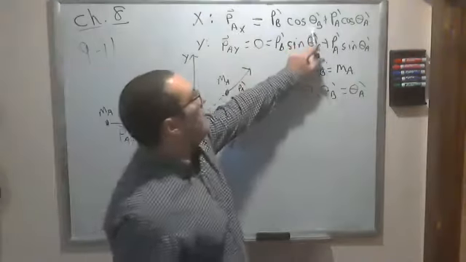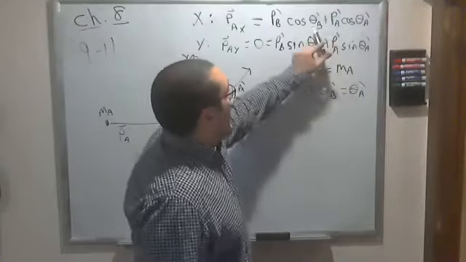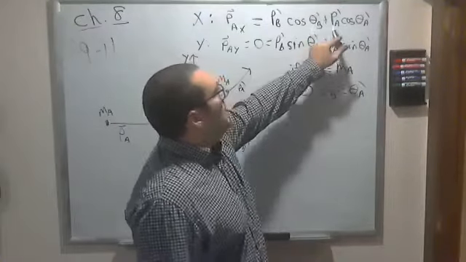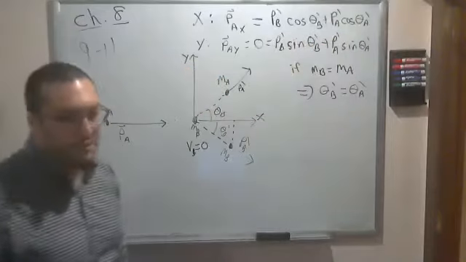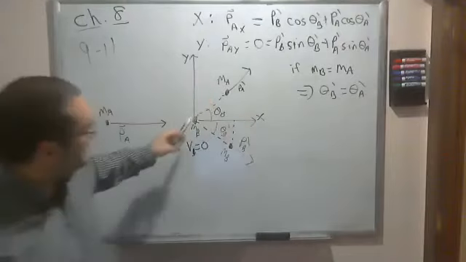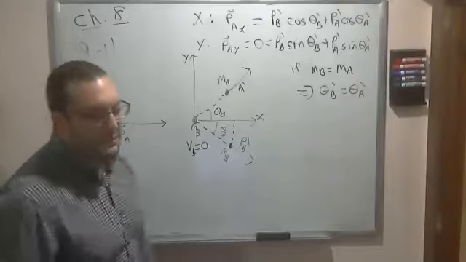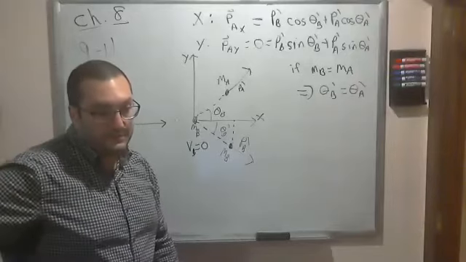So if these two angles are the same and the masses are the same, that implies that the velocities are the same. So then these two will part ways at the same angle with the same velocity, right?